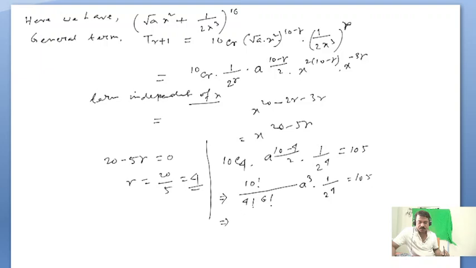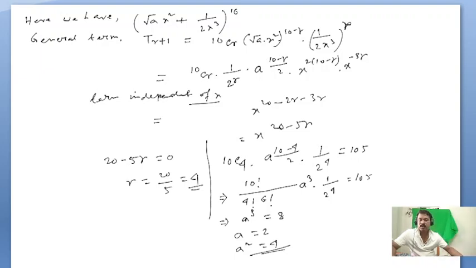After calculating, we get a cubed equals 8 here. So a equals 2, that is a squared equals 2. This is our answer.